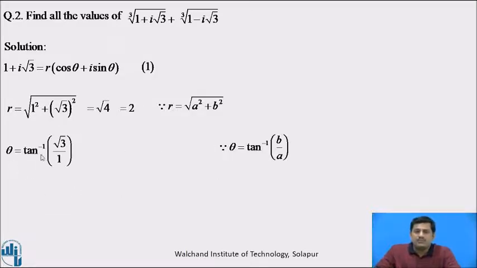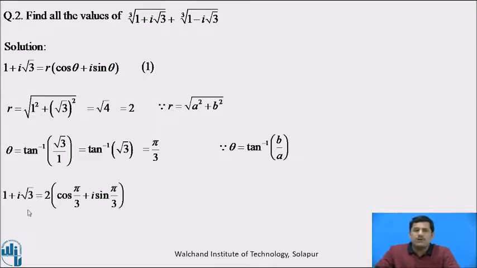So theta equals tan inverse of root 3, and we know that tan inverse of root 3 is pi by 3. Substituting the values of r and theta in equation number 1, we get 1 plus I root 3 equal to 2 into the bracket cos of pi by 3 plus I sin pi by 3.